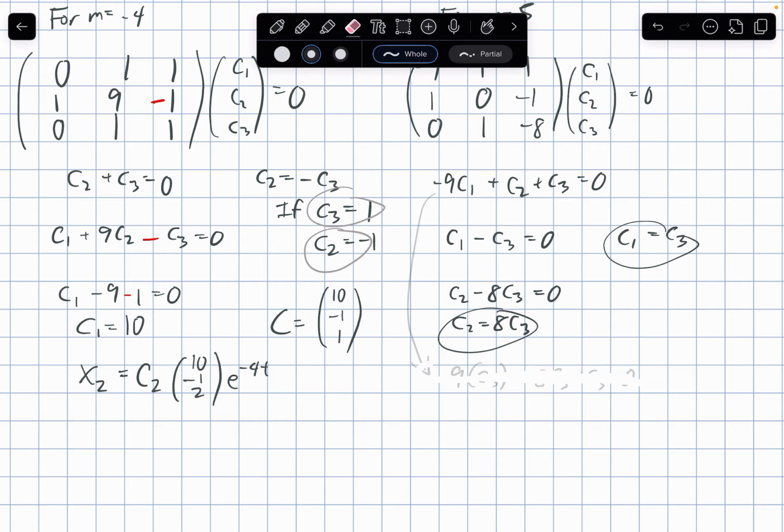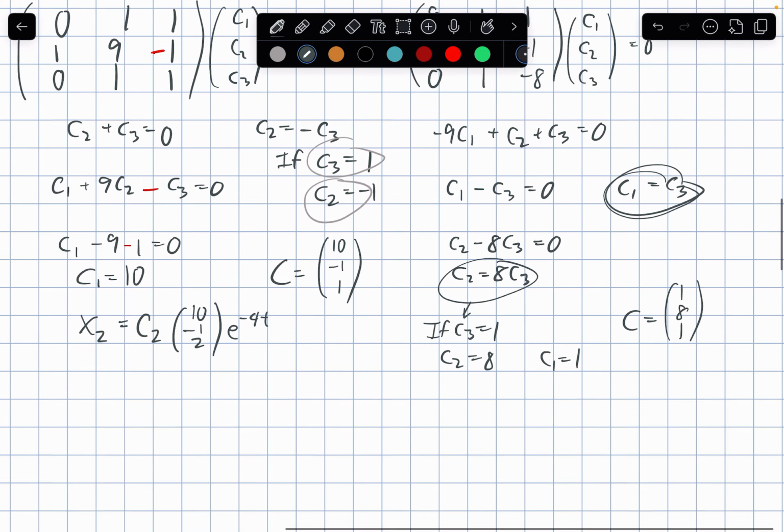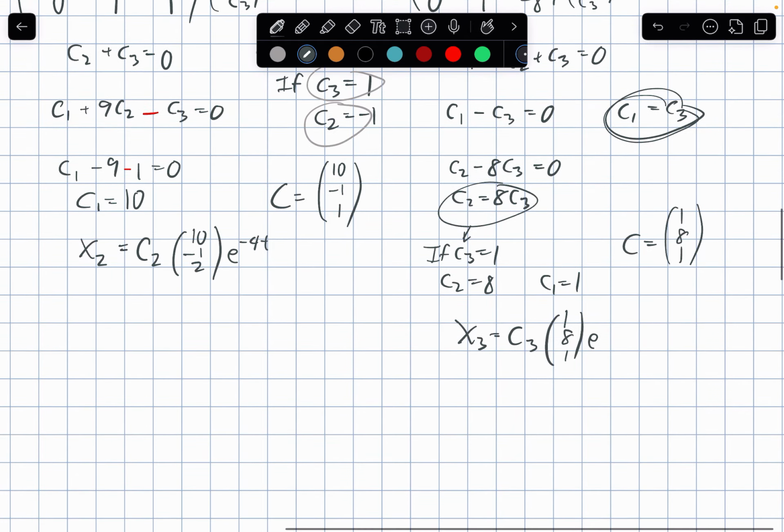I think let's just stick with this condition. So if c3 is equal to 1, c2 is equal to 8. And c1 is equal to 1 also, because of this. Okay, c is equal to 1, 8, 1. x3 is equal to c3, 1, 8, 1, e raised to 5.